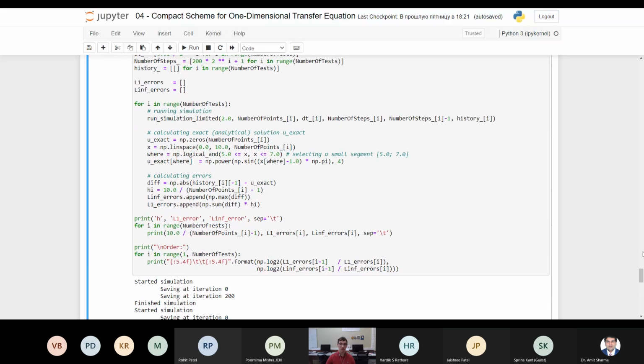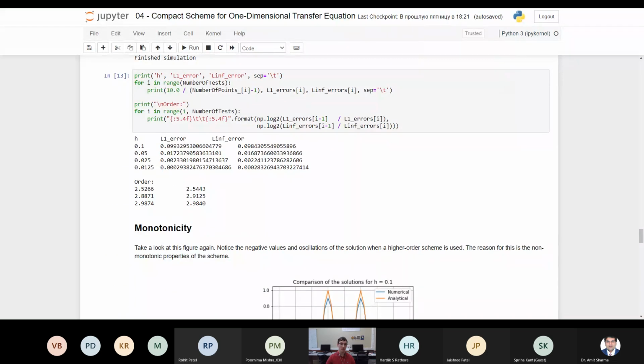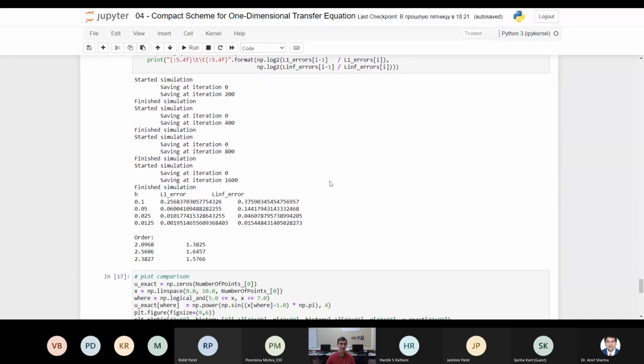When we use the scheme without any monotonizers, we had the order almost 3, and the error was decreasing very rapidly, which can be seen here. And now with these monotonizers, the order is smaller and the overall error is greater.